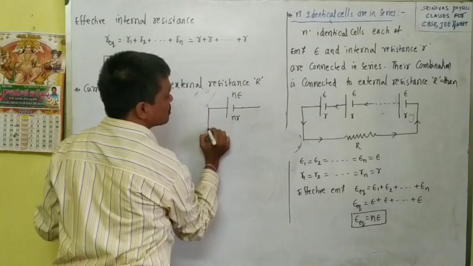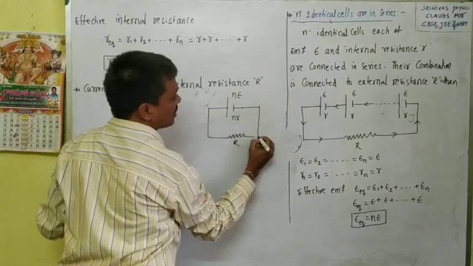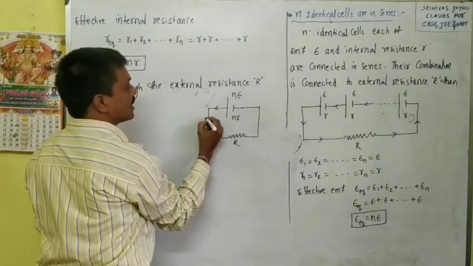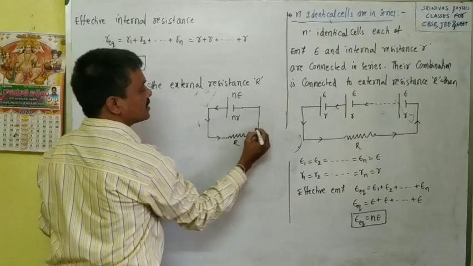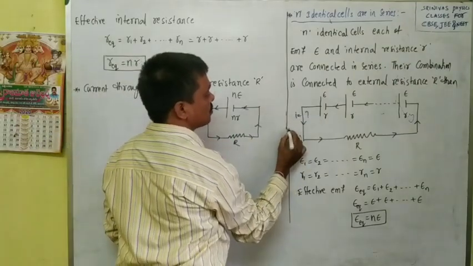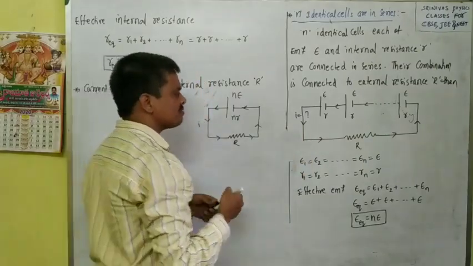It is connected to some external resistance, capital R. Then some current flows here. What is that current I want? In this case, how much current flows? This current formula I want to know. How to find out the current? Very simple.